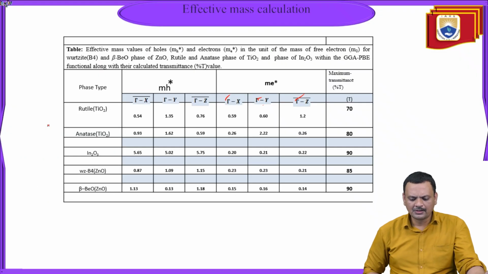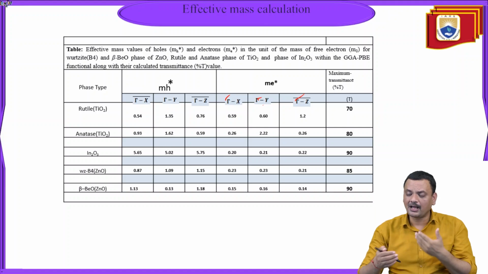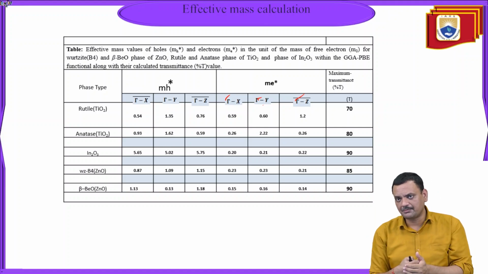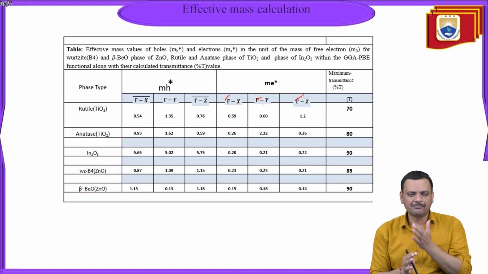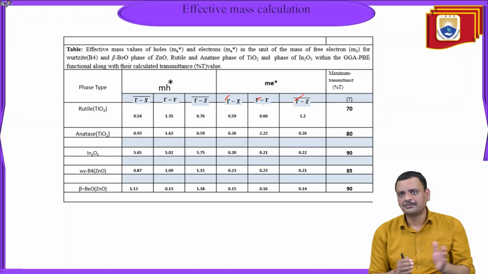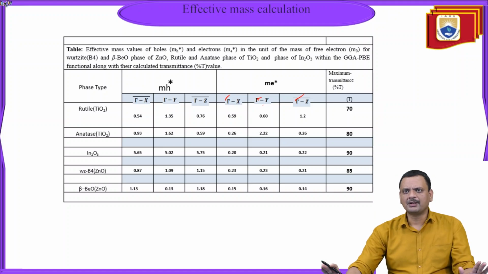So in different directions, I have calculated the effective mass values for these materials. I am covering this topic too briefly because it is completely research, and around one month of calculation is involved in getting all these results.